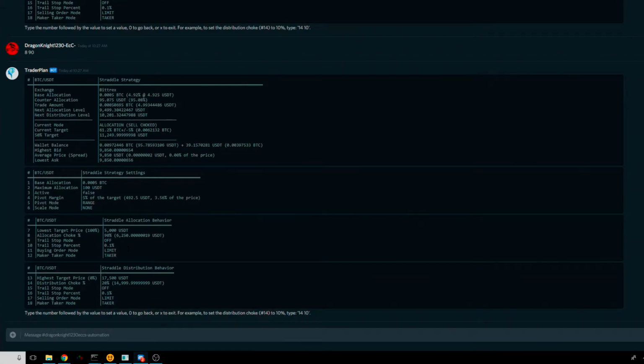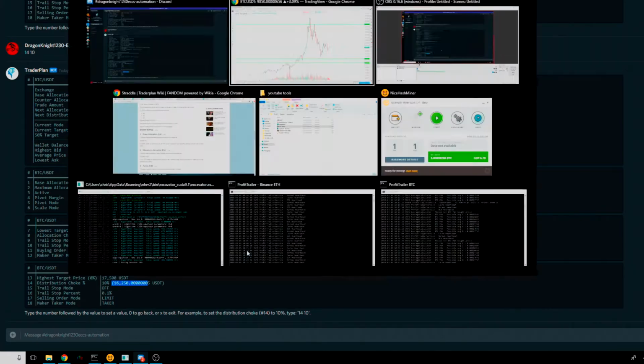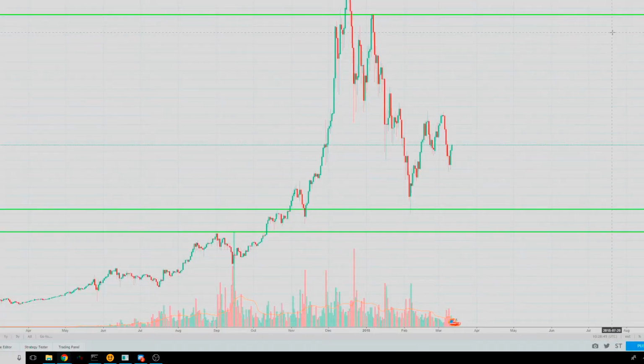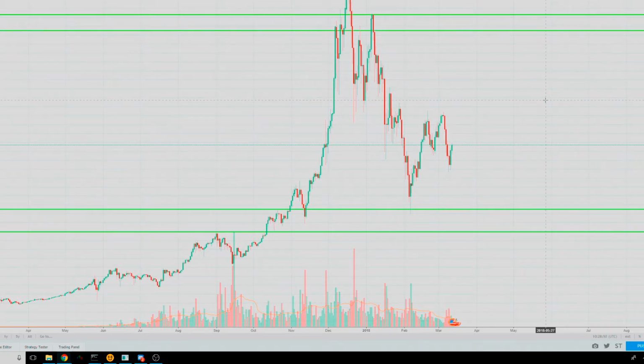And it's the same for distributing. So we shall set that to 10%. Now it will keep selling up to 16,250, about that. What it allows you to do is, as you could see here, if the market was going up, it would stop selling here and leave you 10% of your BTC.